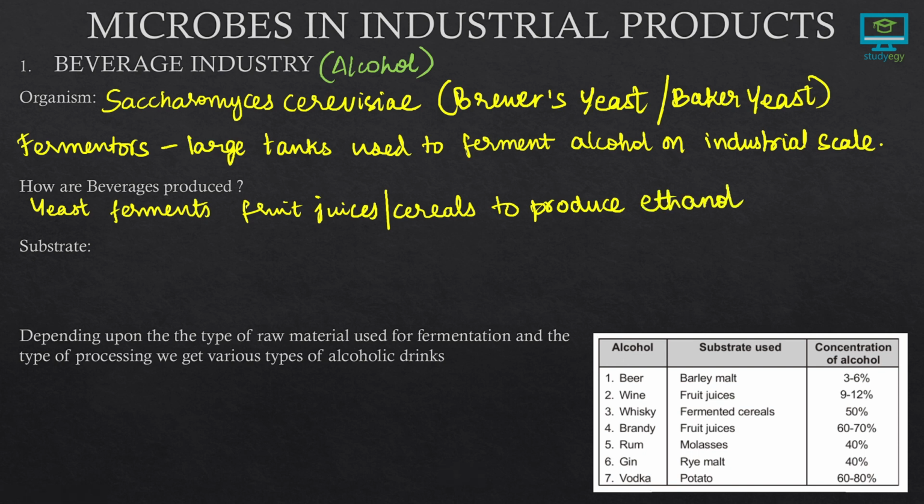The substrate which is used in the alcohol industry is called molasses. So what actually happens? The yeast feeds upon the cereals or the fruit juices, and through anaerobic respiration it forms alcohol.